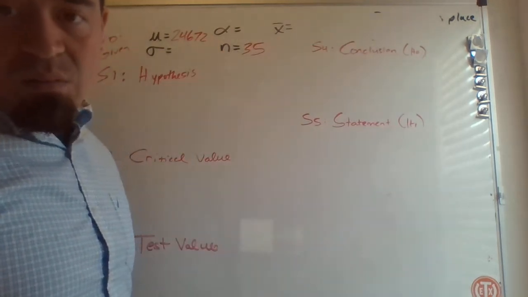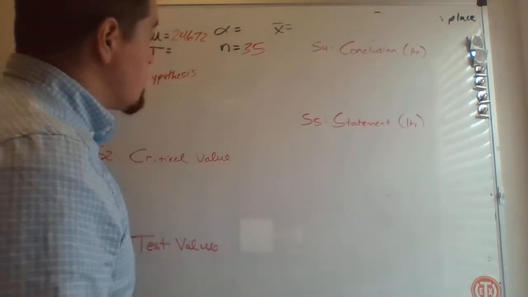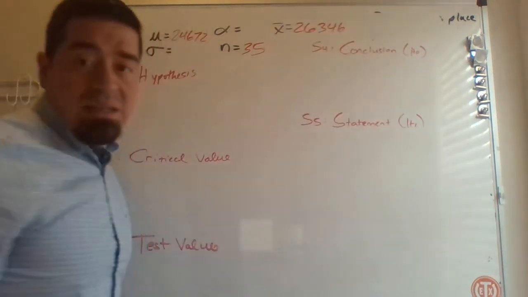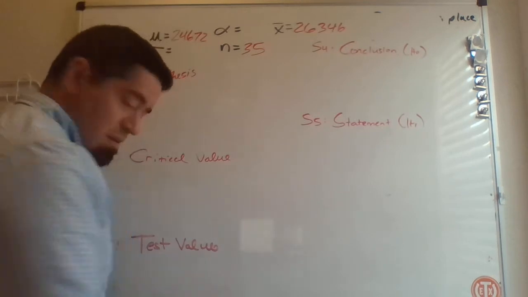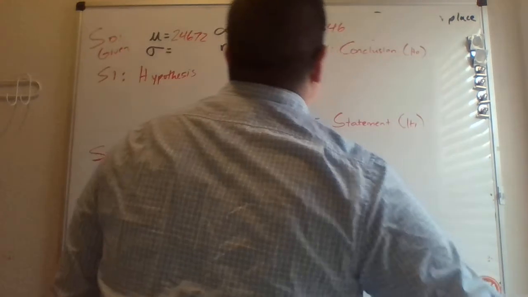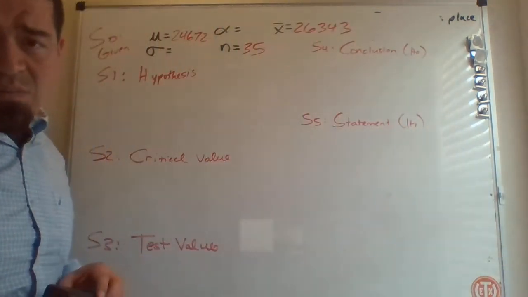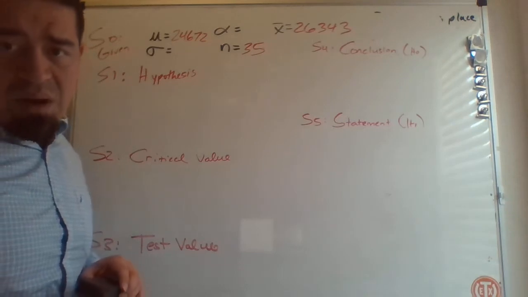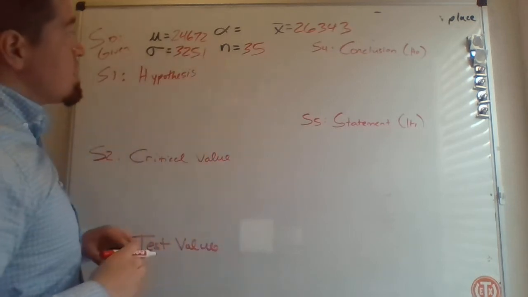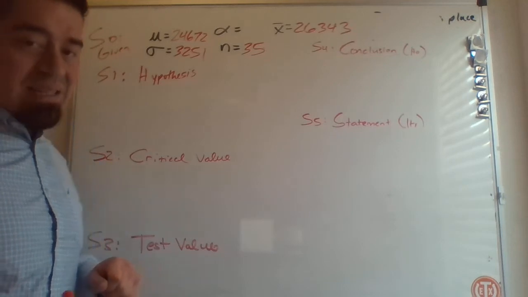From there they found that the average cost of rehabilitation for a stroke victim is 26,343. And do they give us anything else? We do have a population standard deviation, 3,251. That's a good indicator. We're going to use a Z and not T.